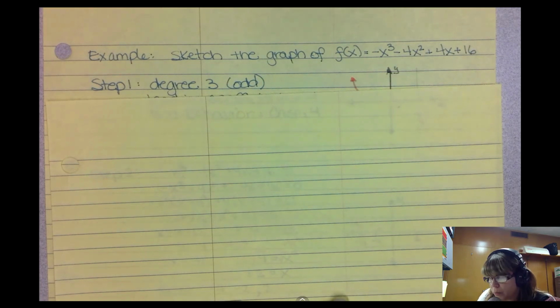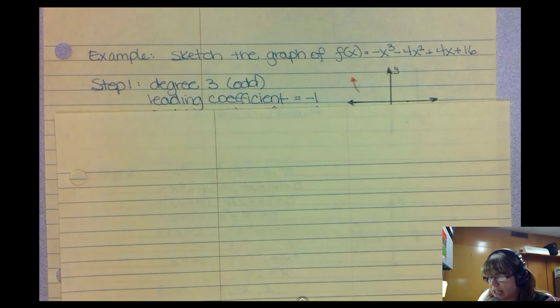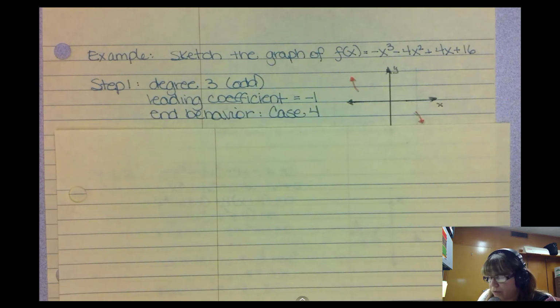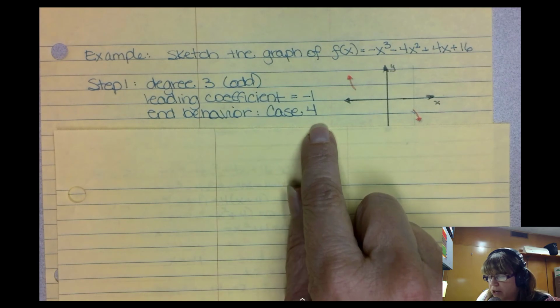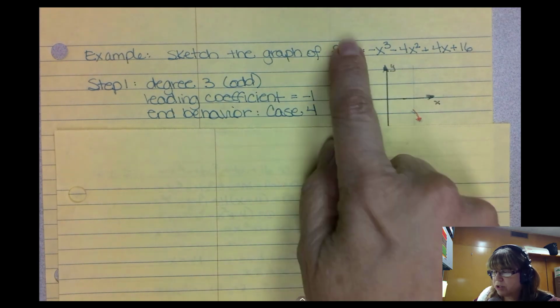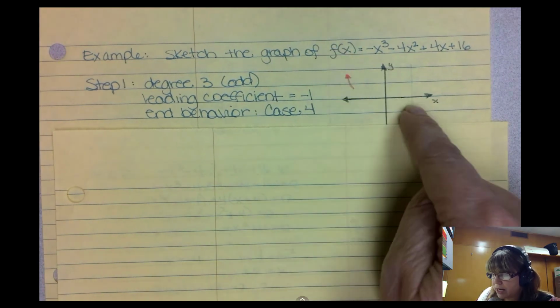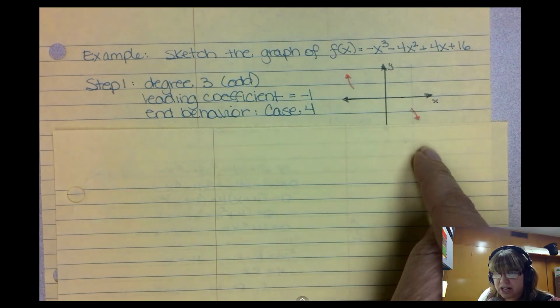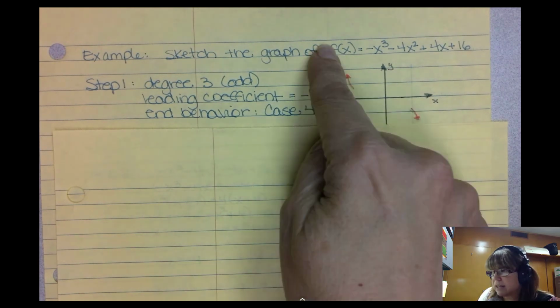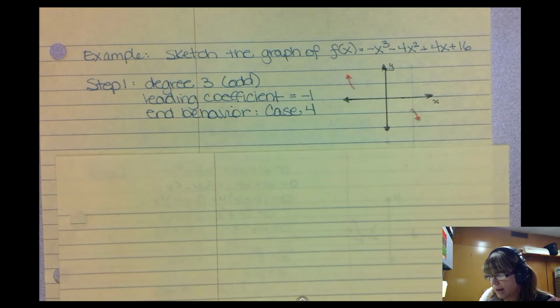We're degree 3, therefore it's odd, so we can only be a case 3 or 4. Either we're going to go from rising to falling or falling to rising. Our leading coefficient is -1, and therefore it's a case 4 behavior, so we're going to be going off to infinity on the left, and on the right, we're going to go to negative infinity. So we're going to rise on the left, fall on the right.